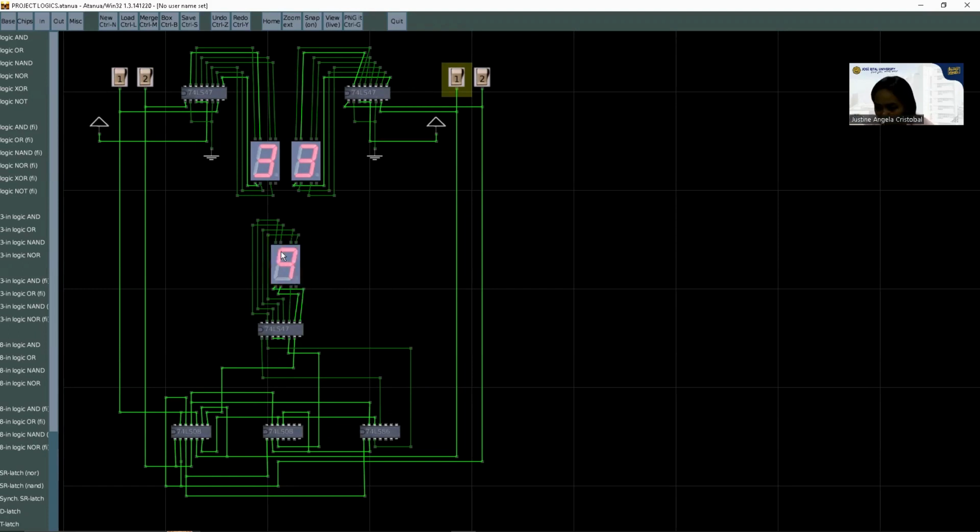That's why our diagram only goes up to 3 for what the two 7-segments can display. If one of the inputs were 4, it would exceed what the single output 7-segment can show, so it could not display the right output. For example, if this is 4 and this is 3.